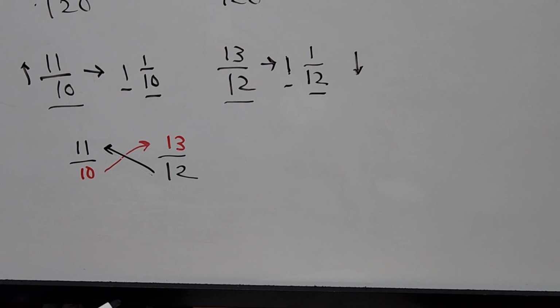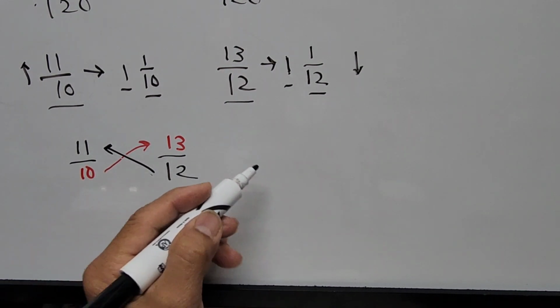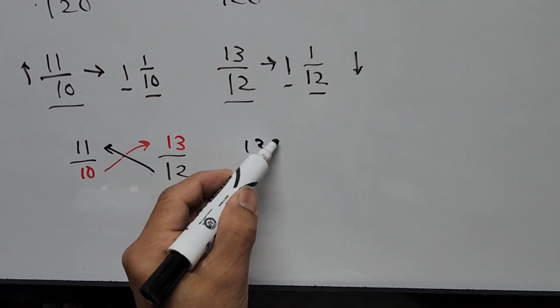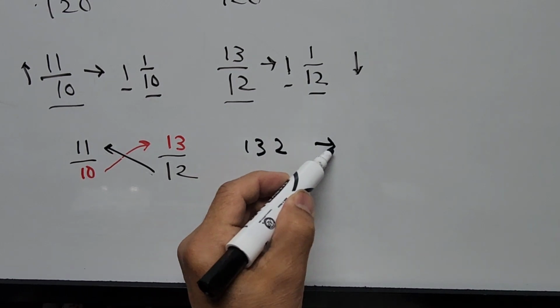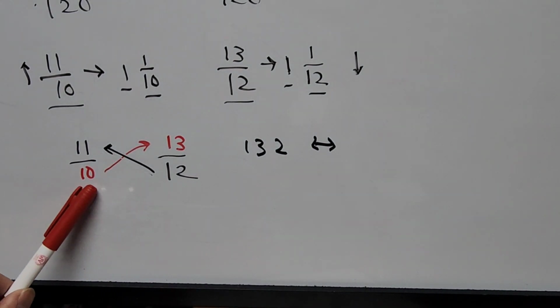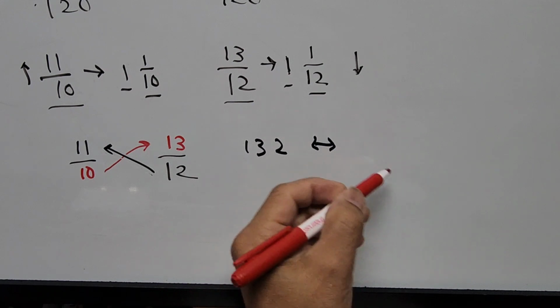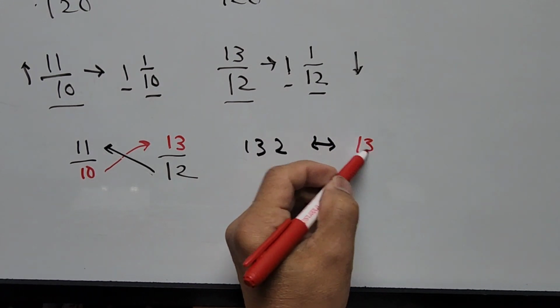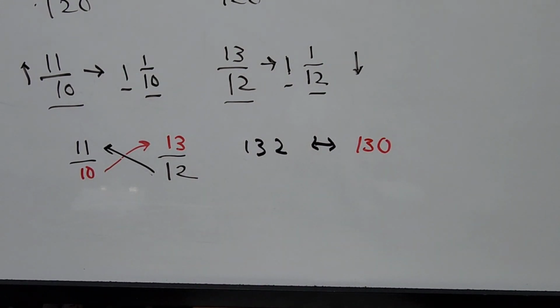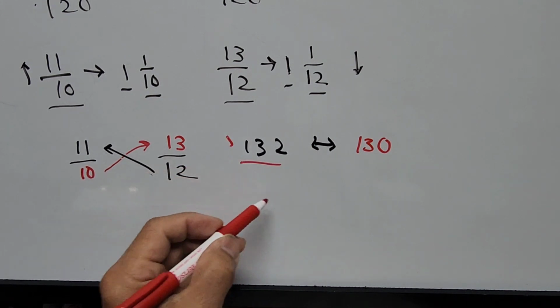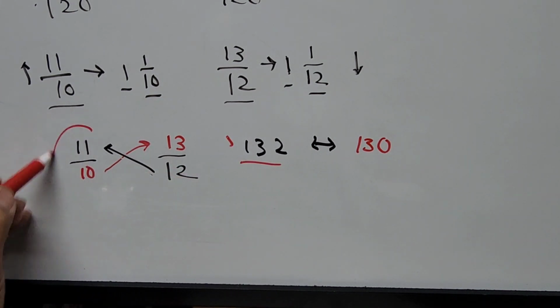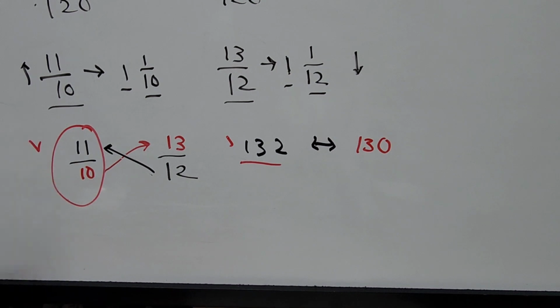The product of 11 and 12 is 132, and on the other side, the product of 10 and 13 is 130. So this one is larger. That is, 11 over 10 is the larger fraction.